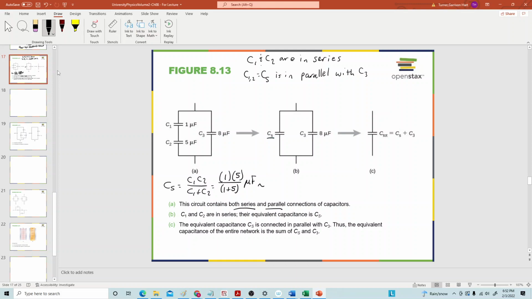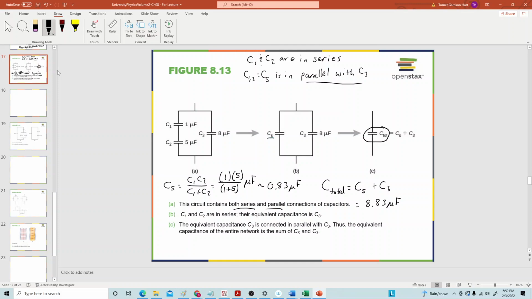So this is approximately 0.83 microfarads. And so then that combination is in parallel with C3, so the total capacitance would then be the series combination plus C3, which would then be 8.83 microfarads. So the total capacitance here, as you break the circuit down, is going to be 8.83 microfarads.